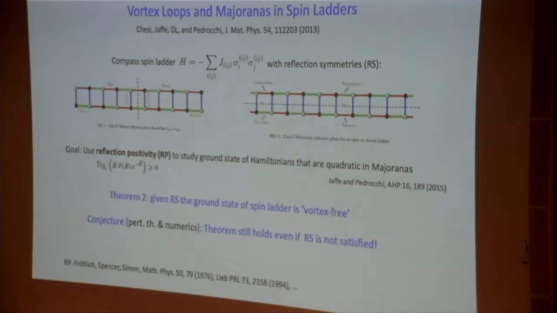And given this reflection positivity, it was then possible to show the following theorem, theorem 2 in this paper, namely that given reflection symmetry, the ground state of such a spin ladder is vortex free. And that's very good news. Basically, it means indeed one can use this as a starting point to consider Majoranas and do braiding in this system.